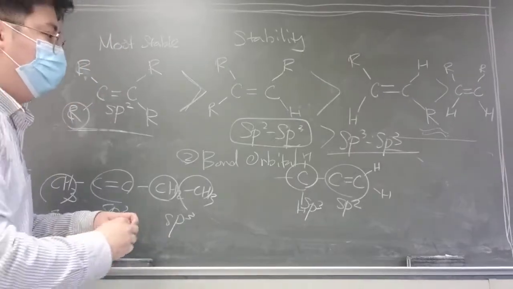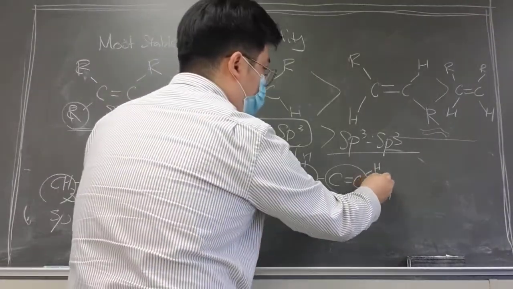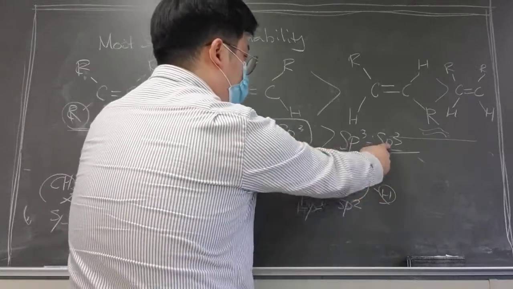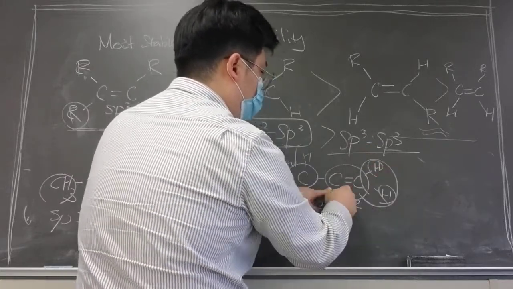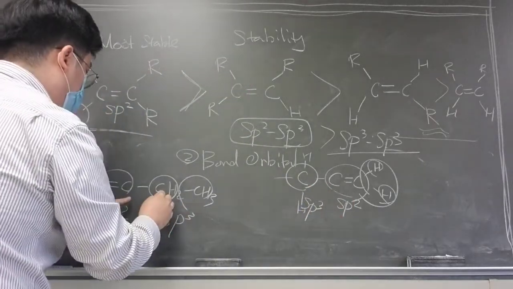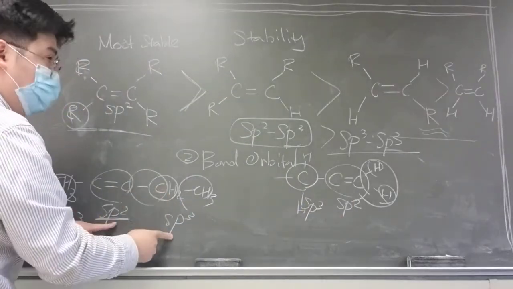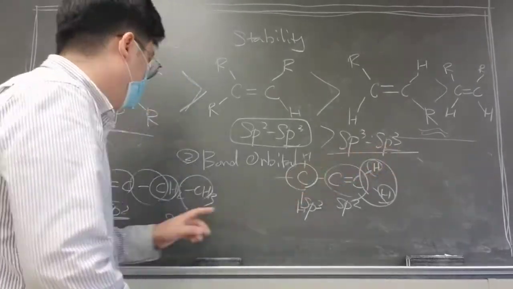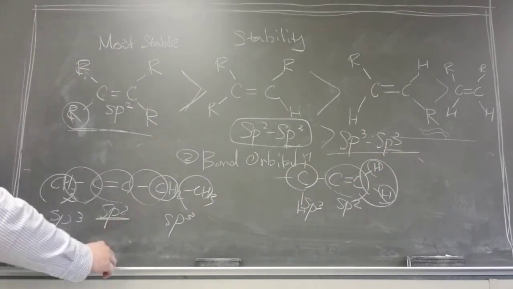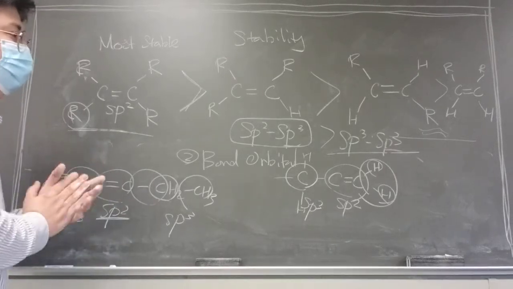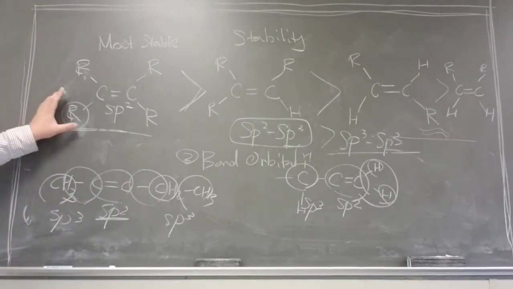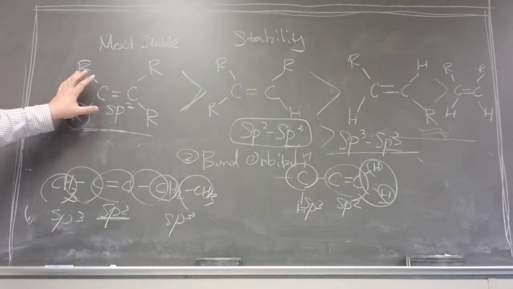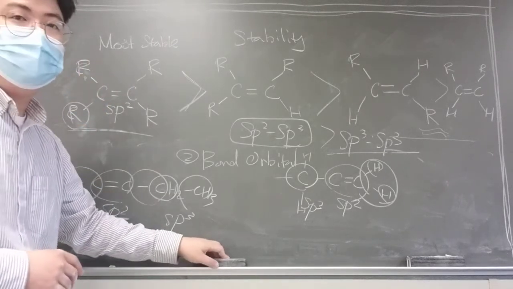So if you look at this one over here, if there's only a hydrogen here and no more carbon, we'll have sp3 on this side of the double bond. But they can have the sp2, sp3 bonds, which are somewhat stronger than sp3, sp3, on both sides here and more. So this is also another reason why, if you have more substituent groups on the carbons in a double bond, you're going to have a more stable alkene.